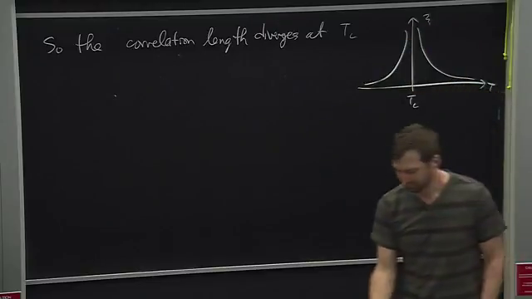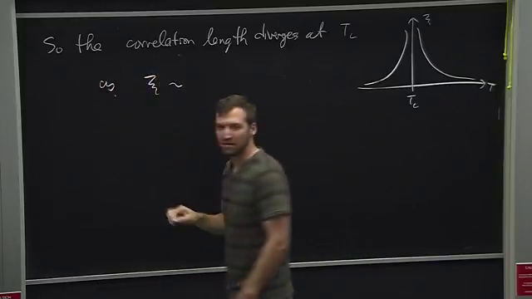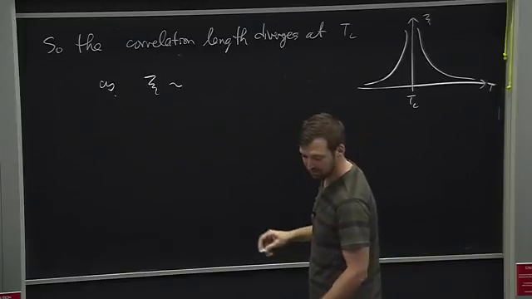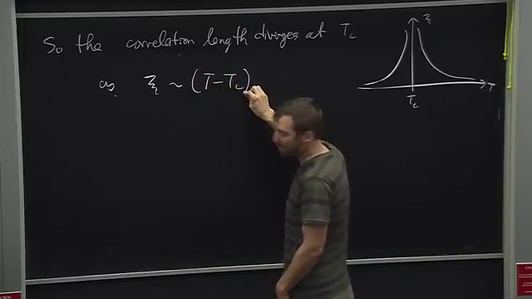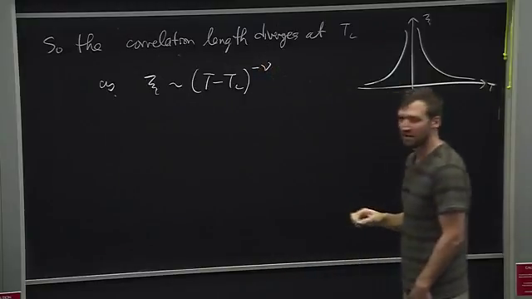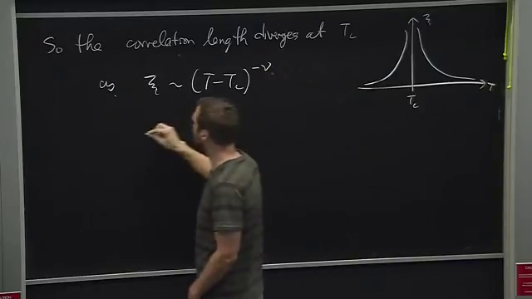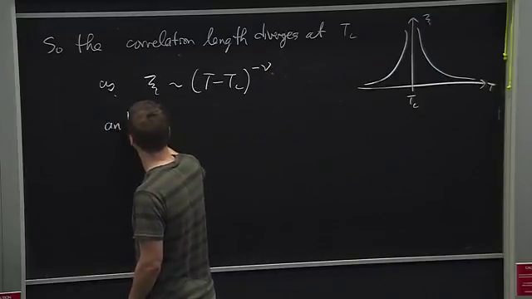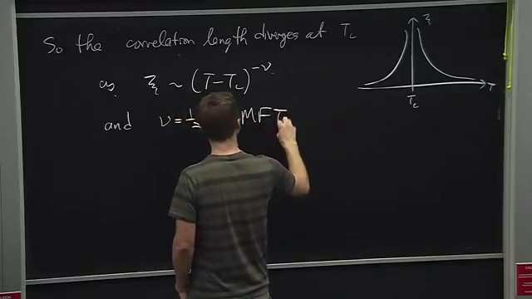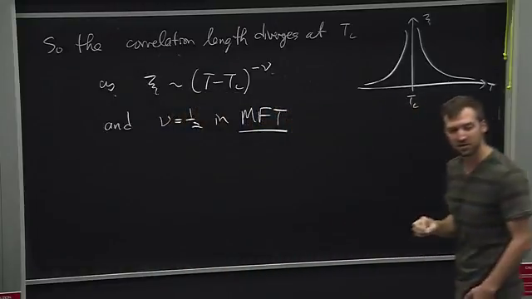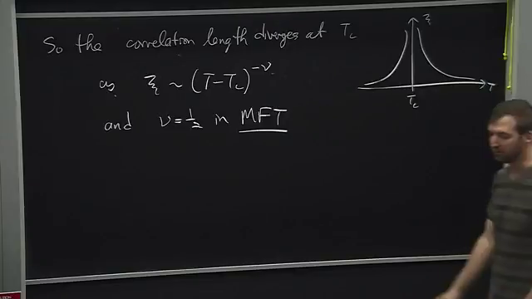The dependence on T minus T_c generally is like this, which defines the exponent nu. And everything we've done has been a mean field theory calculation. So nu is 1/2 within mean field theory.